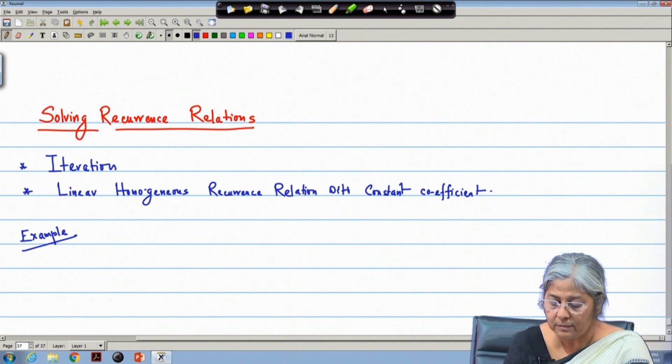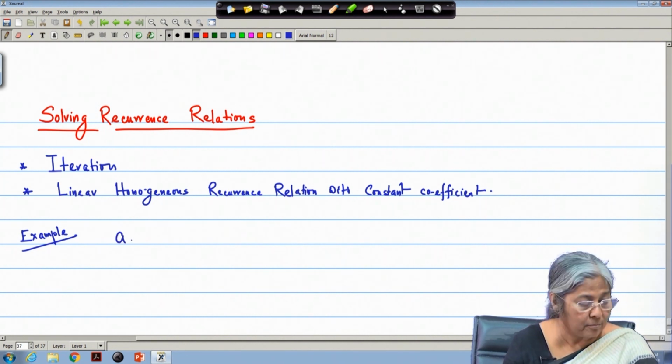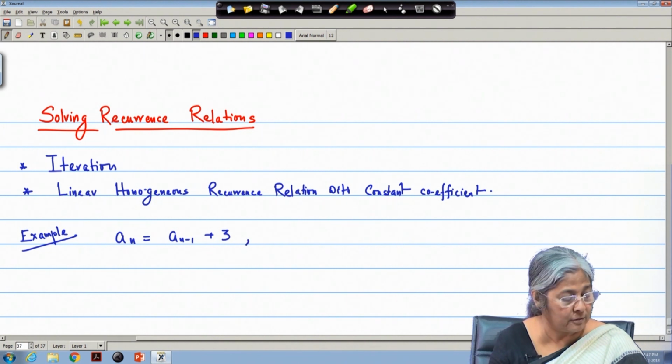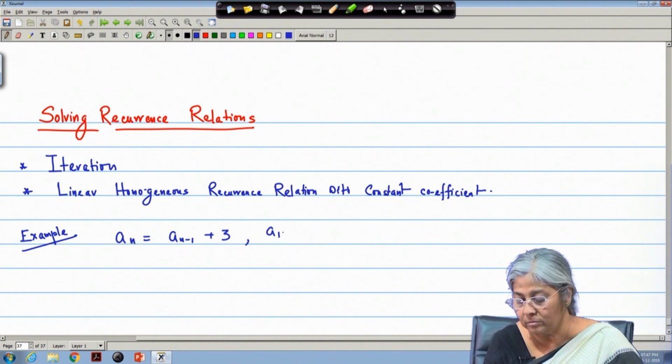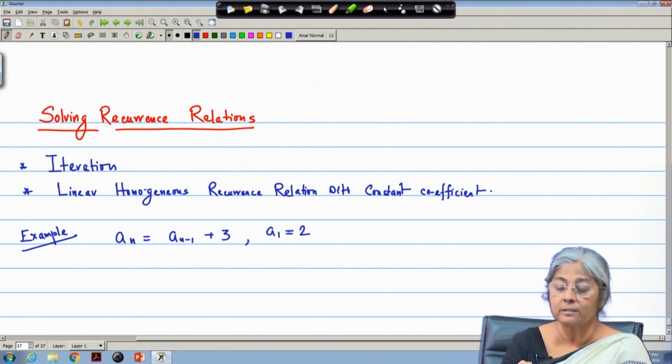Okay. So, we take one very simple example of a sequence. Say I have a recurrence relation a_n equal to a_{n-1} plus 3, and I give the initial condition a_1 equal to 2. What is iteration?